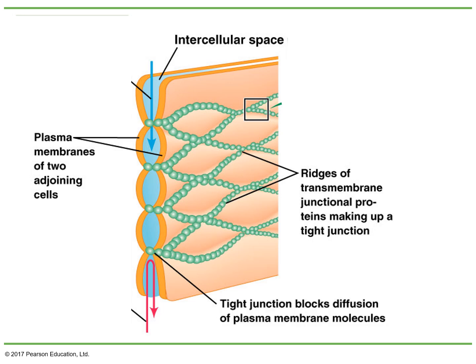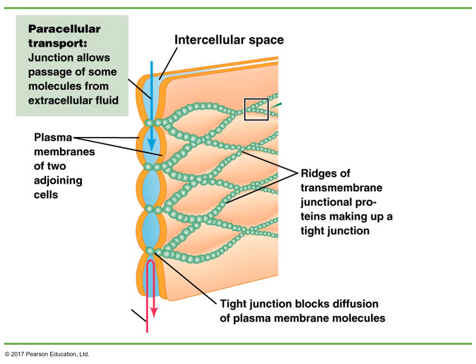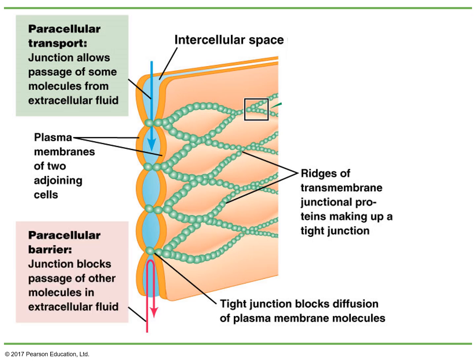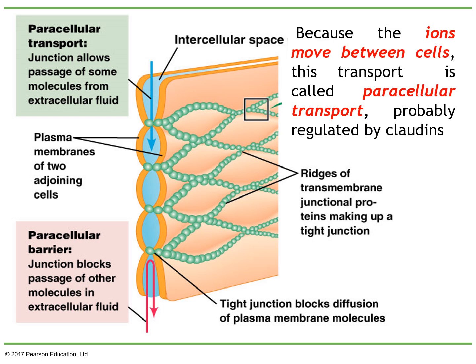You can find this diagram with all the names also in your textbook in case you want to see it. I already explained what paracellular transport is, going in between this intercellular space, and that the junction is a paracellular barrier that can block some molecules from going through there.